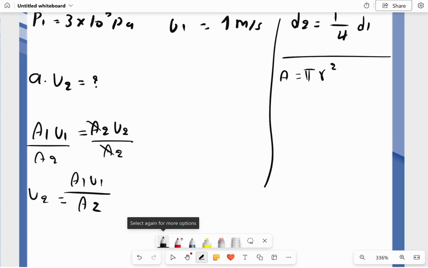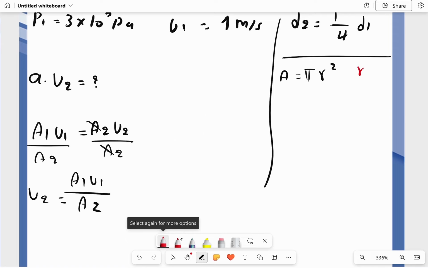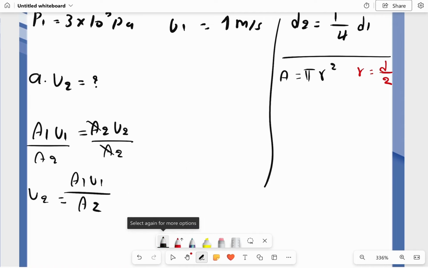And radius is equal to diameter divided by 2. So instead of writing this, I can say area is equal to pi multiplied by diameter divided by 2, all squared. Then area is equal to pi times diameter squared divided by 4.